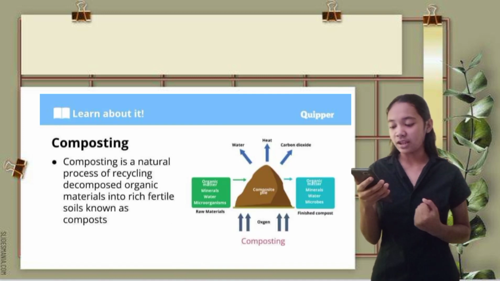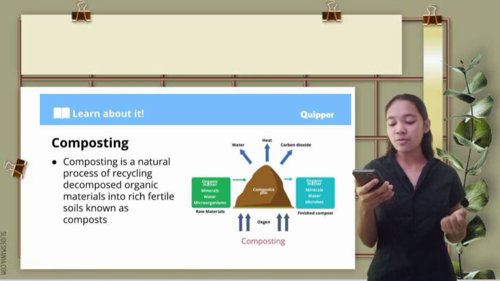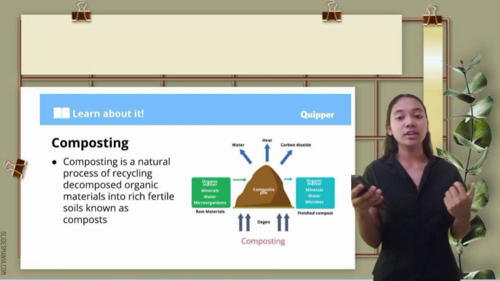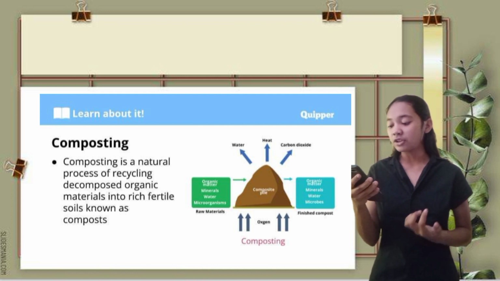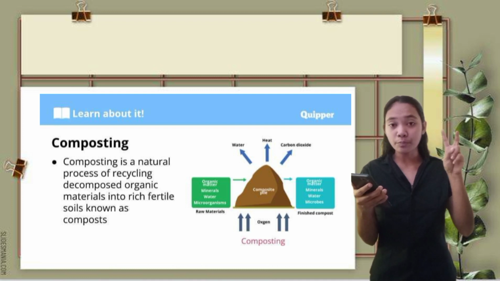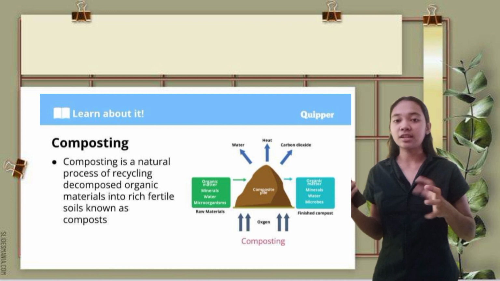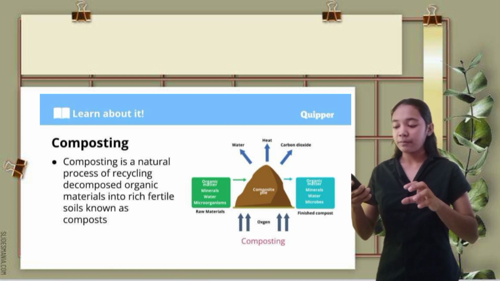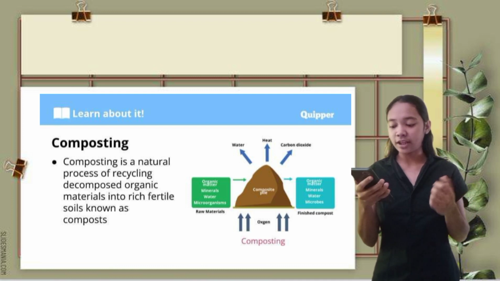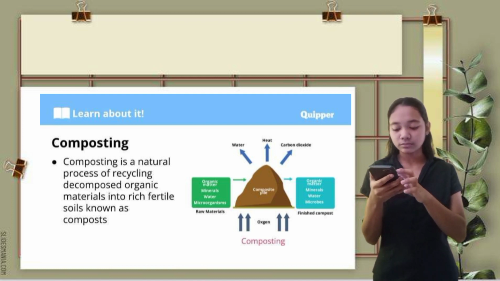Next is composting. Composting is a natural process of recycling decomposed organic materials into rich fertile soil known as compost. Compost is the name for the mixed decomposed waste that becomes fertile soil. So what is composting?